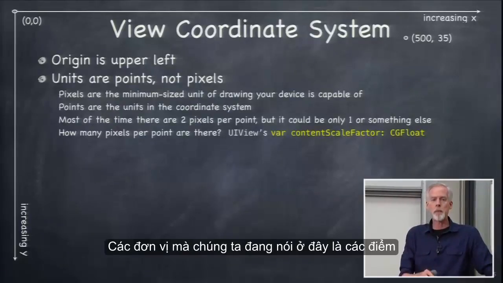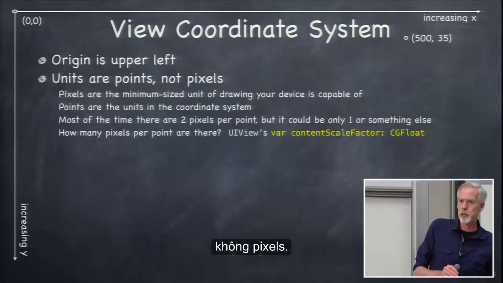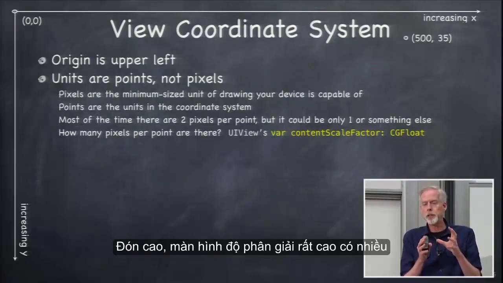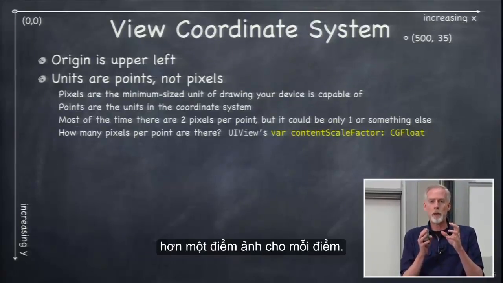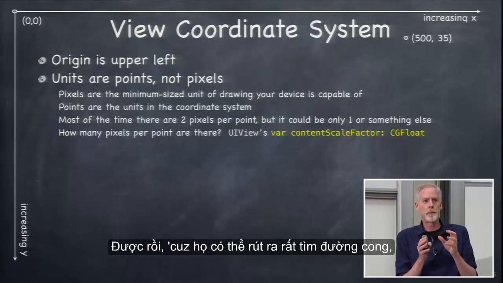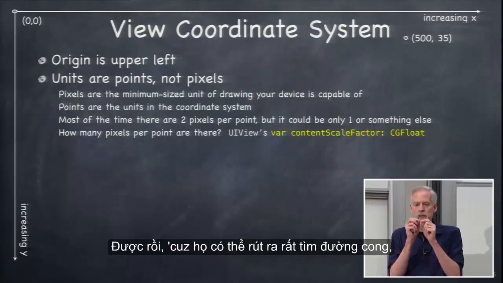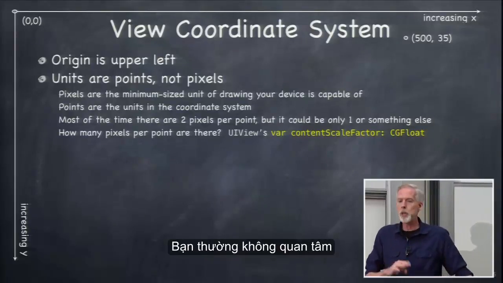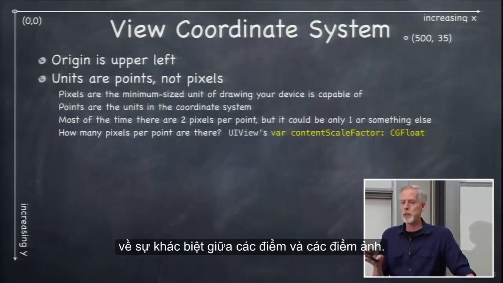The units that we're talking about here are points, not pixels, okay? Very high resolution displays have more than one pixel per point, because they're able to draw very fine curves, very fine text, etc. You don't usually care about the difference between points and pixels.